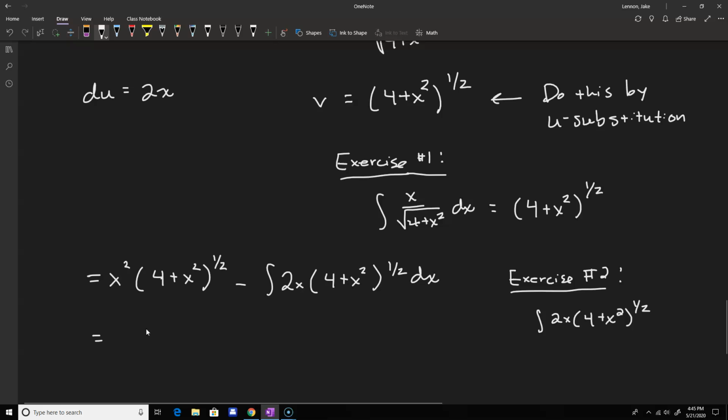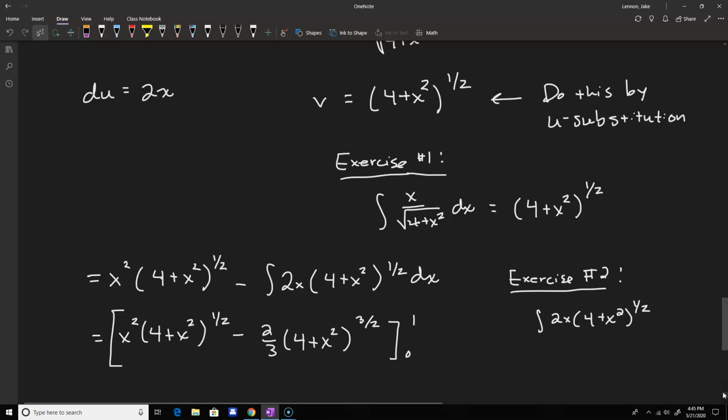So we have those two exercises there. Anyway, once you do that, you'll know what the answer is because I'm going to write it down, but still good practice. So we get x squared times 4 plus x squared to the 1/2 minus 2/3 times 4 plus x squared to the 3/2. And again, our limit values are just 0 and 1.